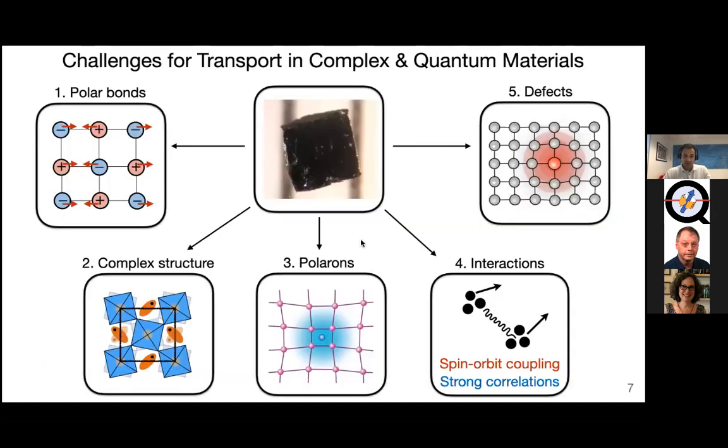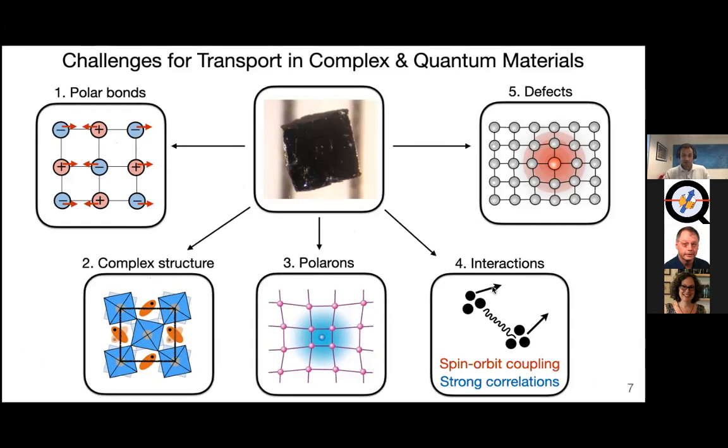Now, the challenges, however, for real materials, both conventional and quantum materials, are related to several aspects that make them truly complex. In particular, real materials have polar bonds, and so the electron-phonon interactions can be long-ranged. They can have complex crystal structures. The electron-phonon coupling can be strong.